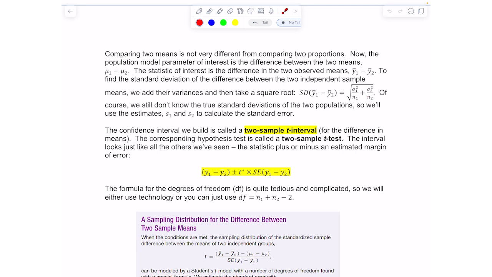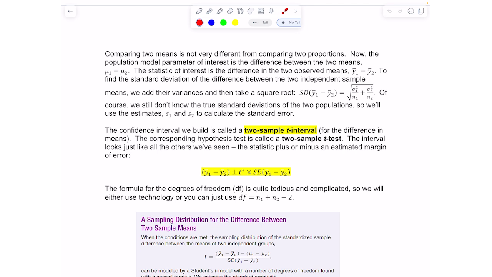And of course, we're going to replace sigma 1 and sigma 2 with S1 and S2, which are your sample standard deviations, to calculate the standard error because we don't necessarily know the population standard deviations.